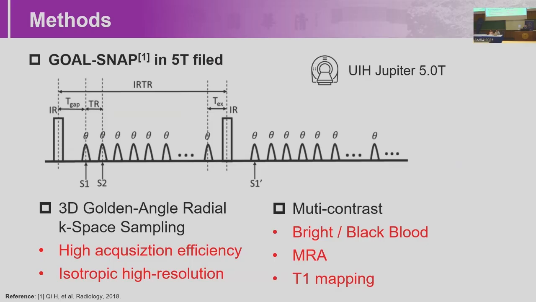Our method uses GOLDSNAP at 5T on a UIH Jupiter 5T scanner. GOLDSNAP uses a 3D golden angle trajectory, and it can provide bright and black blood contrast, MRA and T1 mapping simultaneously.